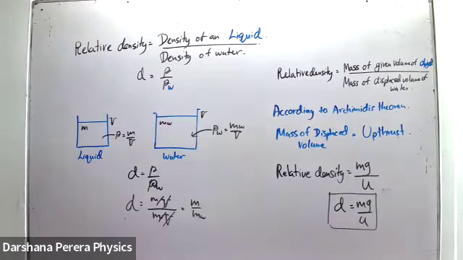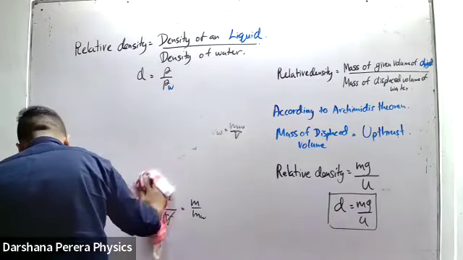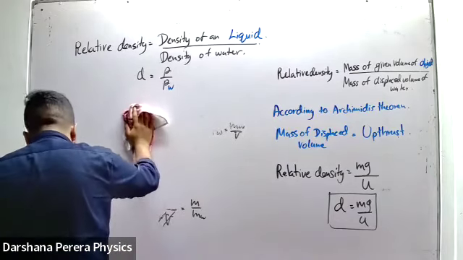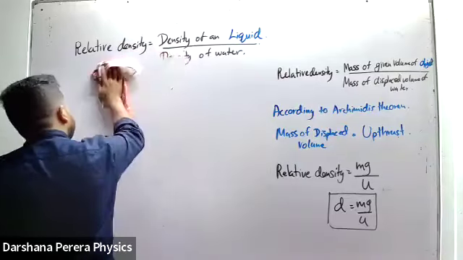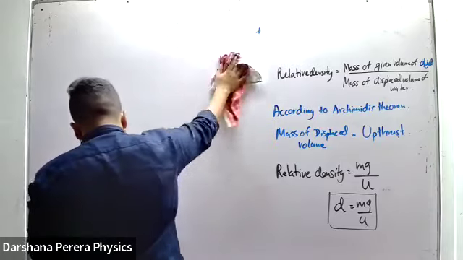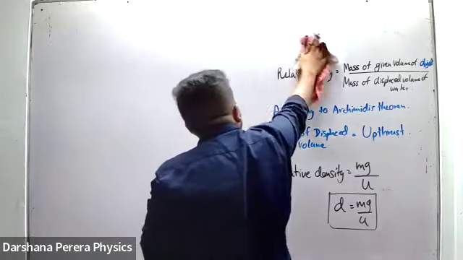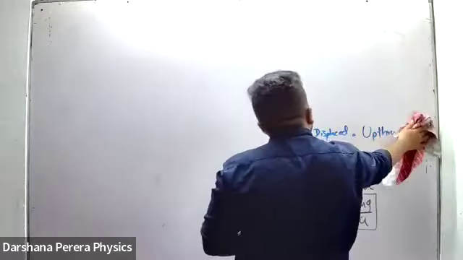So write down the problem according to this theory. The weight of an object is measured using a spring scale. The reading is 1.2 kilograms.